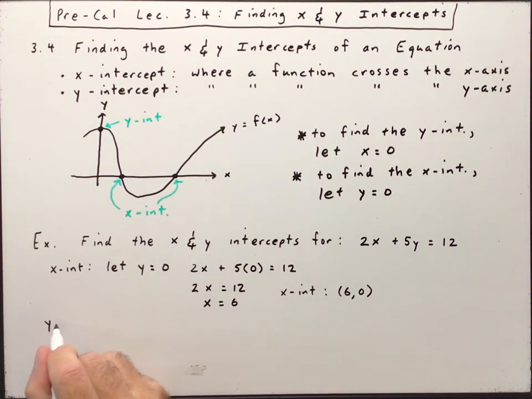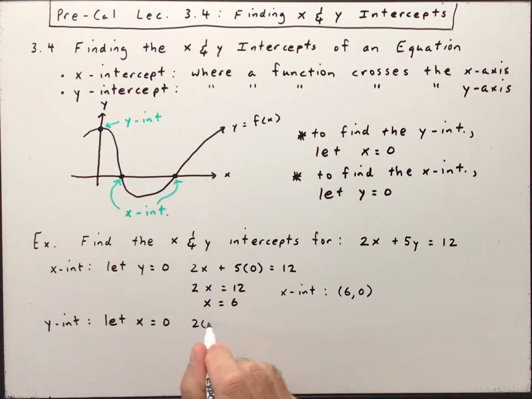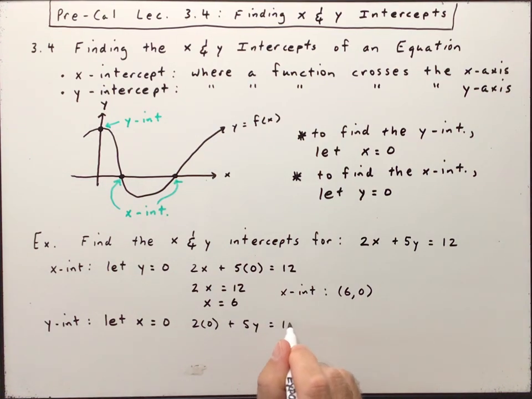And then the y-intercept, we're going to let x equal 0. So I would have 2 times 0 plus 5y is equal to 12. So the 0 part goes away. 5y is equal to 12. So y is equal to 12 over 5.